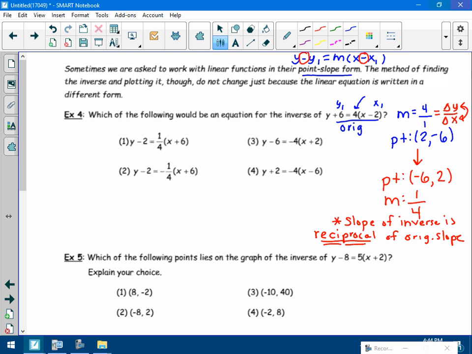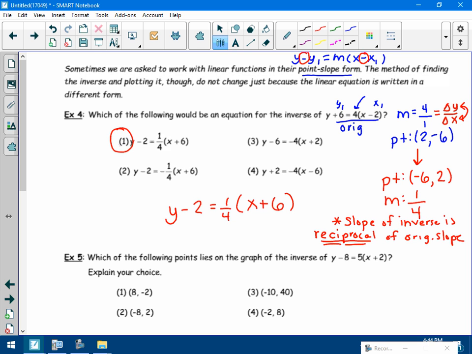The reason that happens is because we're switching x and y, so it should make sense that the x's and y's flip the slope as well. Okay, so put that all together. Now my equation would be y minus y1, which would be 2, equals my new slope, 1/4, times x minus x1, minus negative 6, which would be plus 6. And that looks like choice 1 to me.